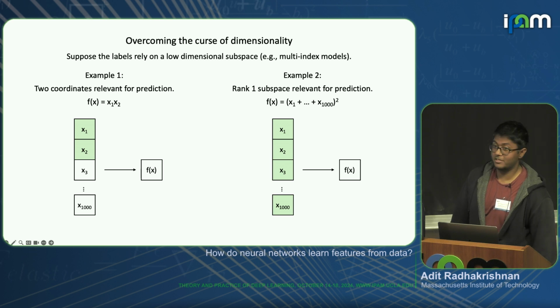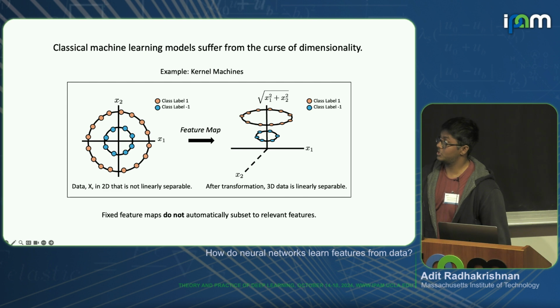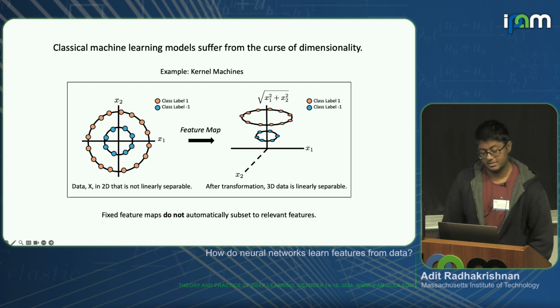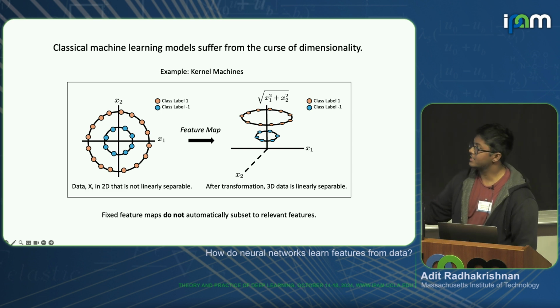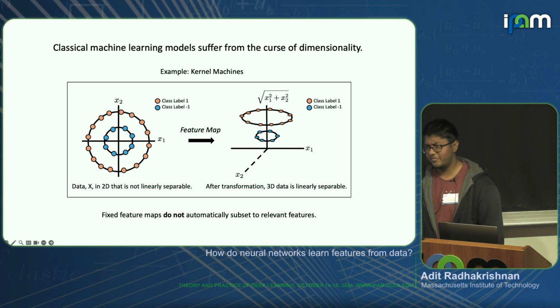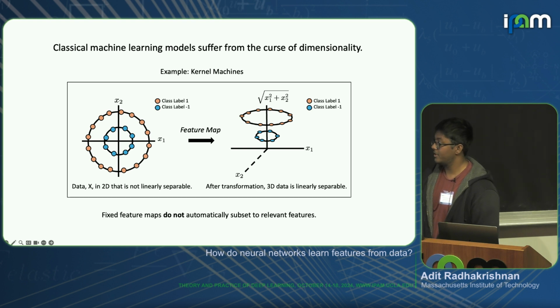But we've had all these machine learning methods for so long, and what's the problem with them? Just to give an example of a classical machine learning model that suffers from this, take something like a kernel machine. The idea behind the kernel machine is that I have my data coming in, I have my features, I'm going to apply some fixed feature map and predict a label.